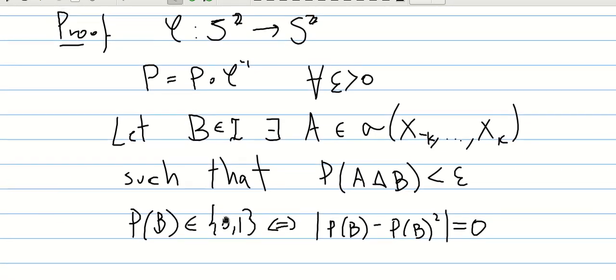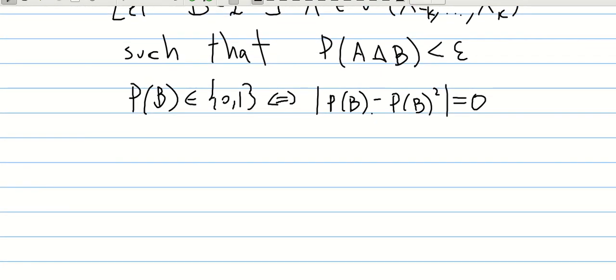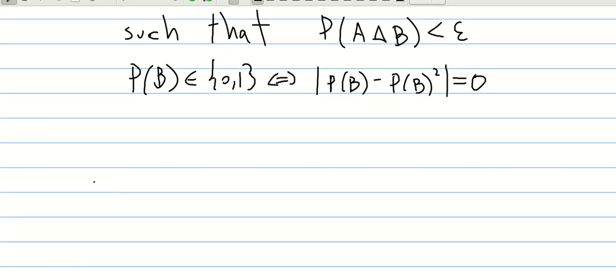So we are going to prove this using some sort of approximation. So instead of showing that it's exactly 0, we're going to show that it's very small. Okay, so first, when we're looking at the probability of B, B is an invariant event.